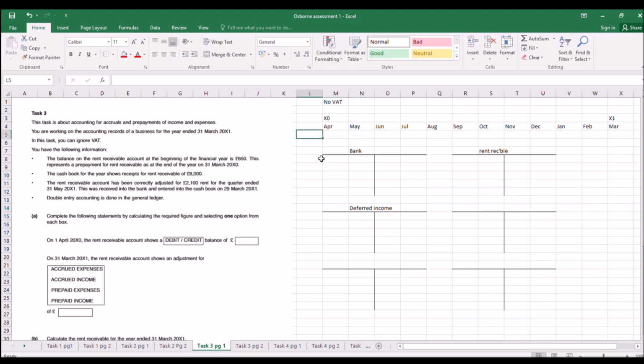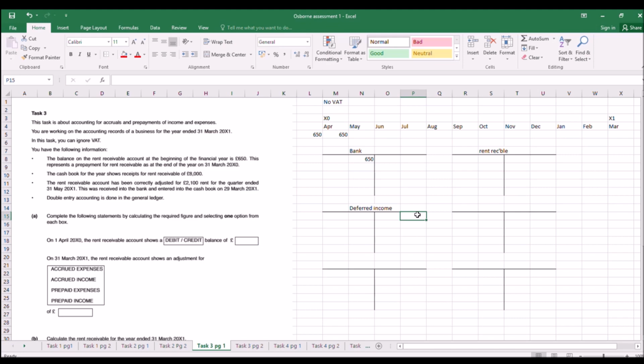We were paid this £650, and this actually related to this point here. So at that point we went debit 650. It shouldn't have gone into the rent receivable account because it's relating to this year here.